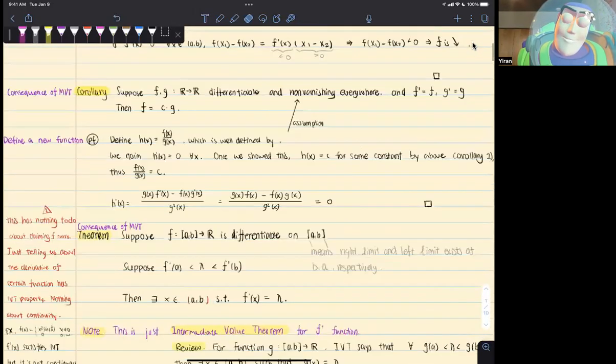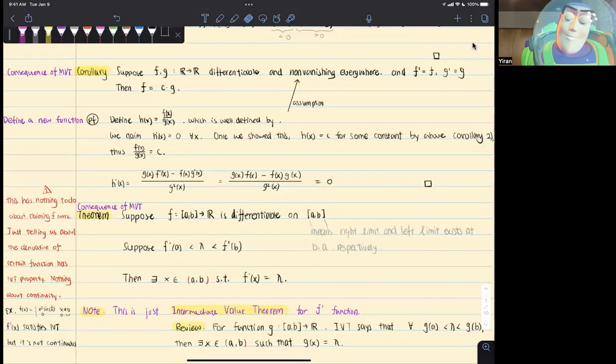Okay. The second consequence of the mean value theorem is, if you have two functions f and g from R to R, and they're differentiable and non-vanishing everywhere, which means at every point on R, the value of those two functions cannot be equal to 0.